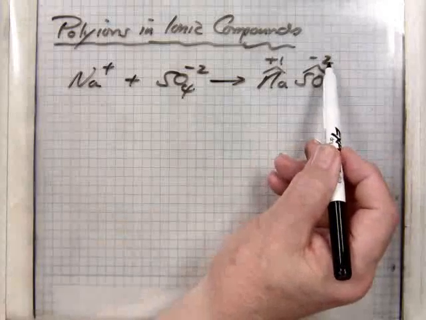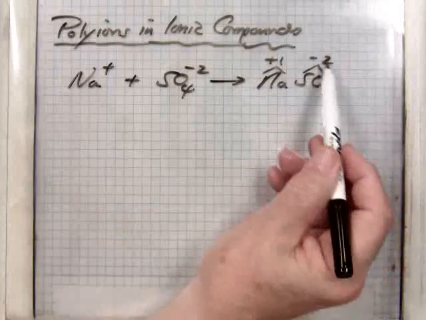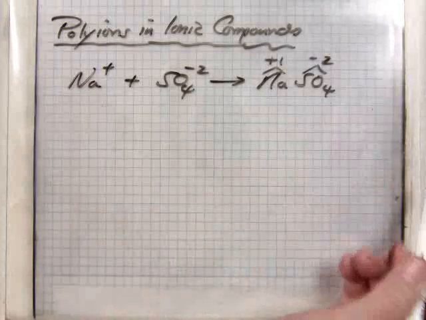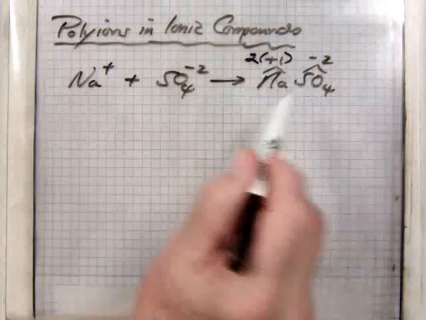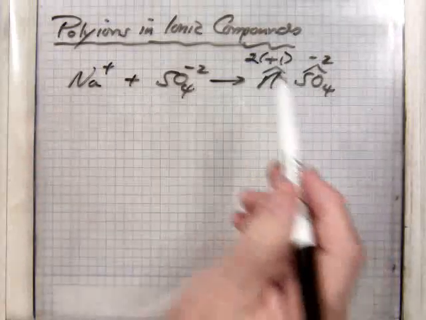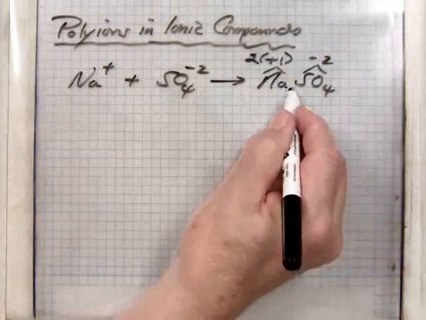However, the sum of the oxidation states does not equal 0, so I have to increase the sodium to 2. Now, when you're writing formulas, to increase the element you use subscripts.